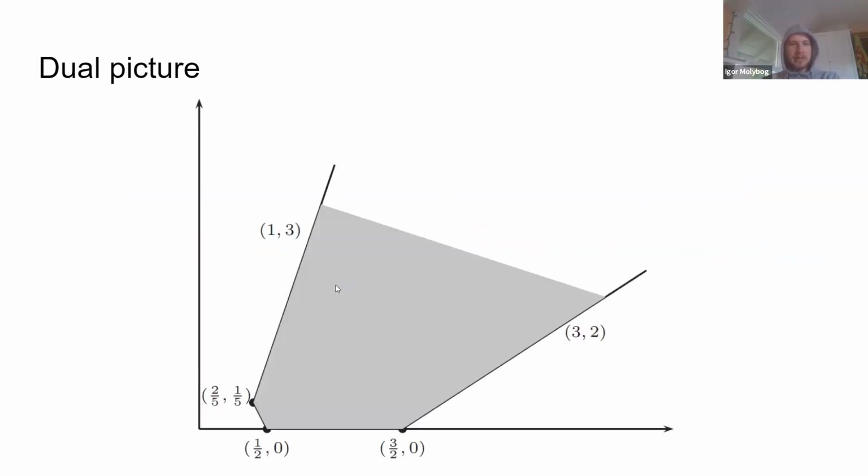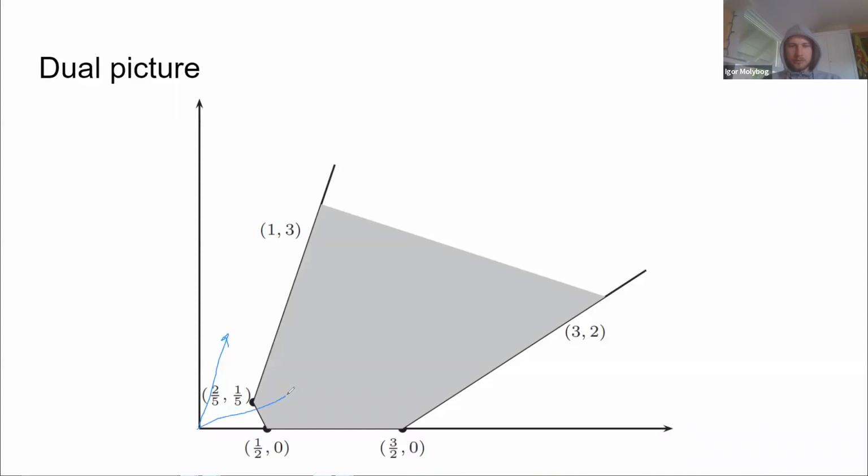Let's take a look at this. So this is our set U. It has three extreme points over here, and also two extreme rays, which are basically (1, 3) and also (3, 2), like this.